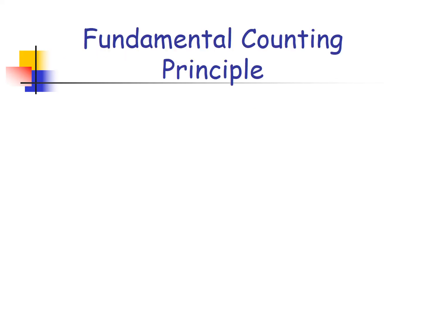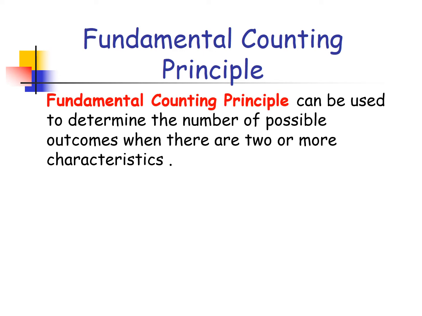Next, so, ano naman yung fundamental counting principle? So, ito yung another way to get the arrangement of items aside from factorial notation. So, when we say FCP, it can be used to determine the number of possible outcomes when there are 2 or more characteristics. Yan. So, involving 2 or more characteristics na.